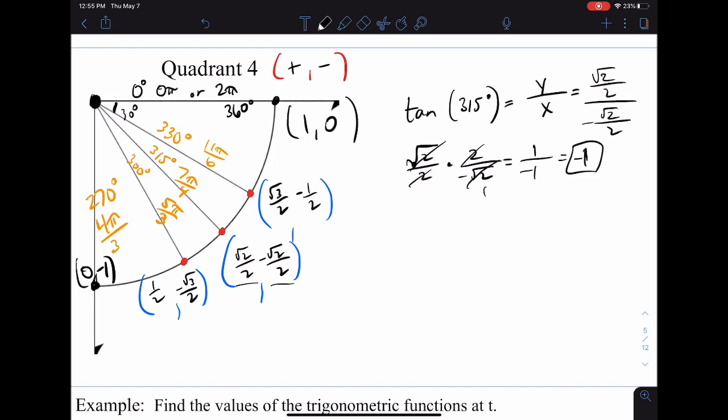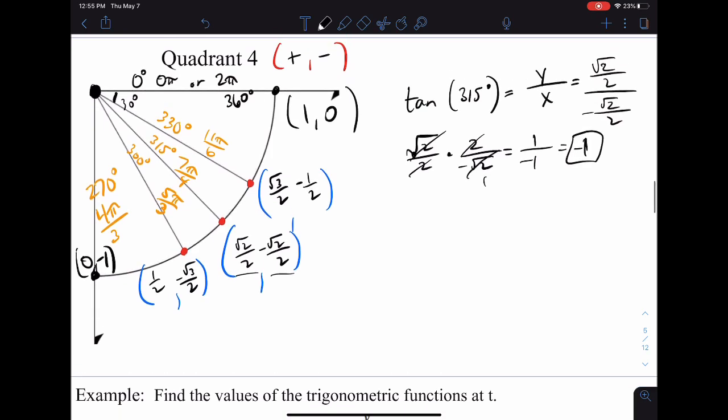Okay. So let's look at something like secant. Secant of 5 pi over 3, let's say. Well, secant is 1 over cosine. And we know cosine is x over 1, or x over the radius, right?